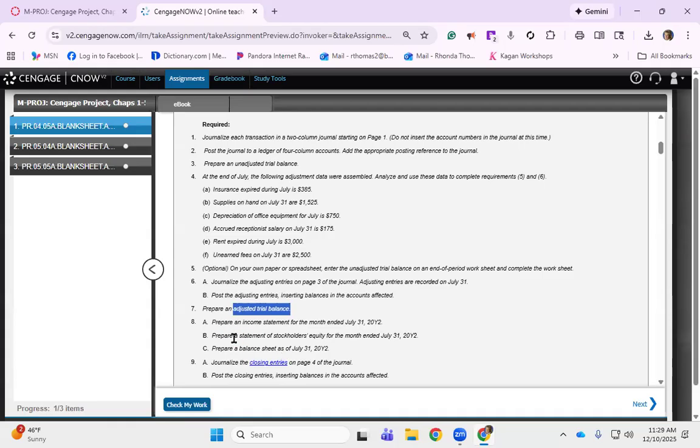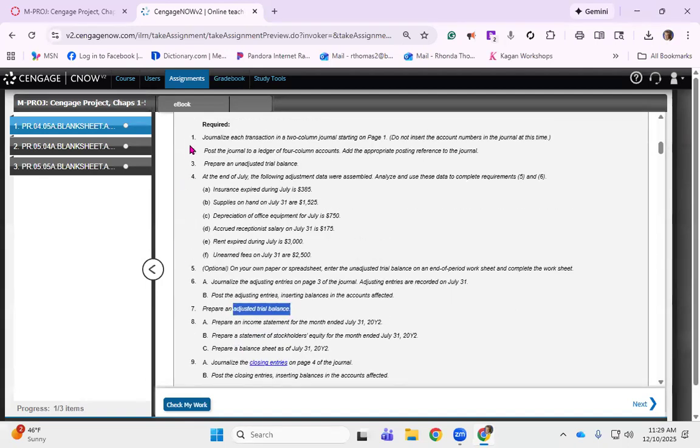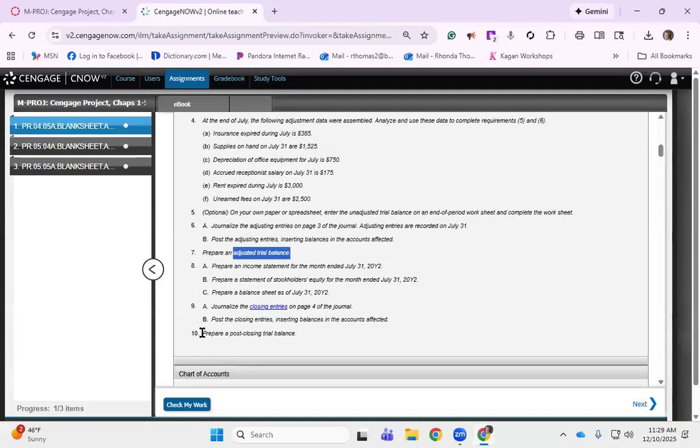And then, so here are the 10 steps, according to this book, of the accounting process. So once we're finished with creating the financial statements, then we are going to look and see what needs to be closed.